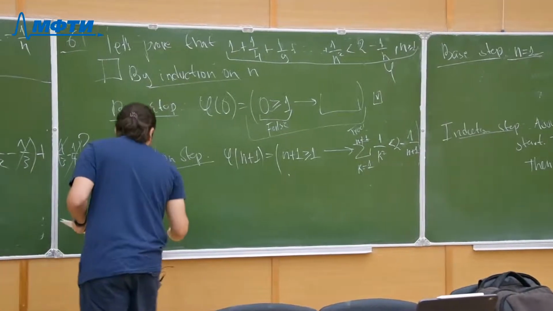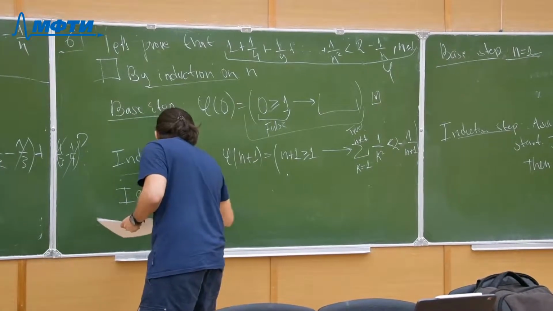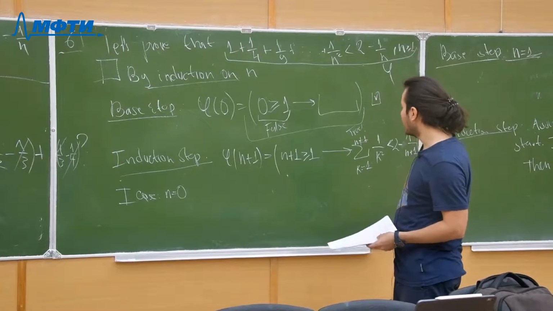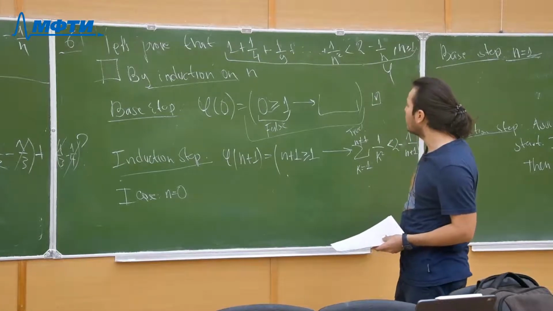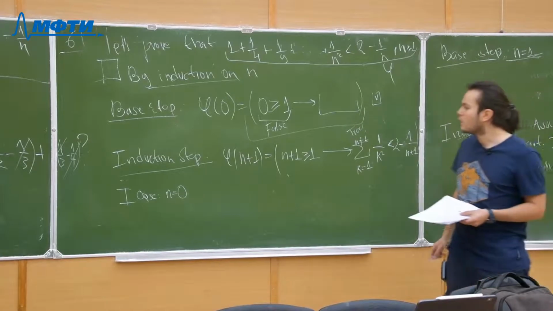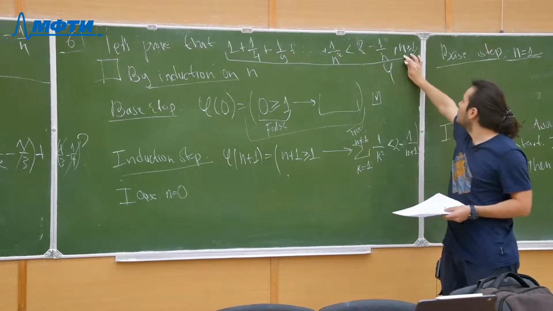The first case is for n equals 0. For n equals 0, we cannot apply the induction hypothesis because n has to be at least 1.